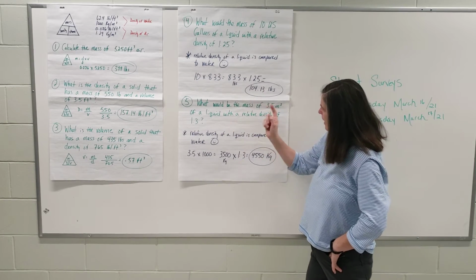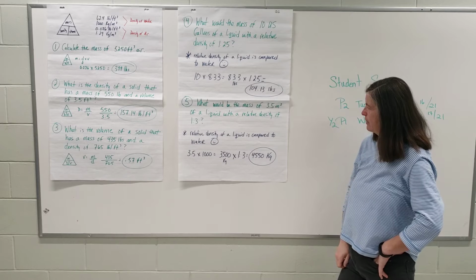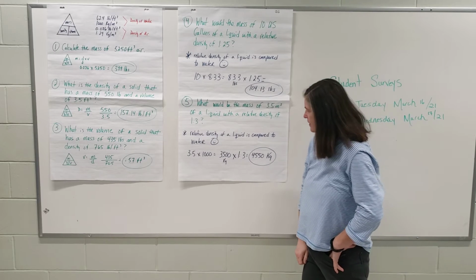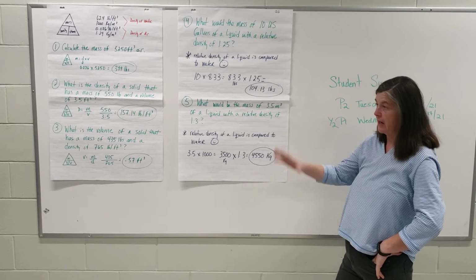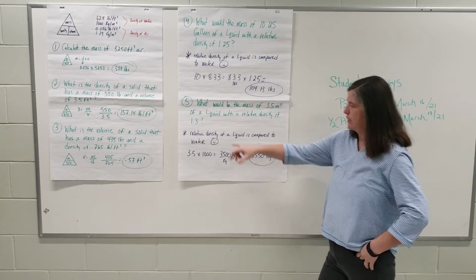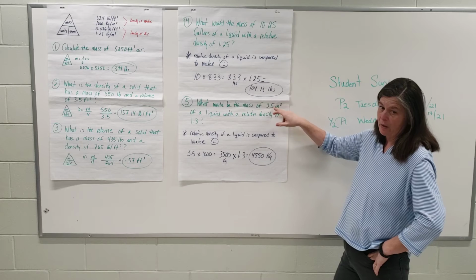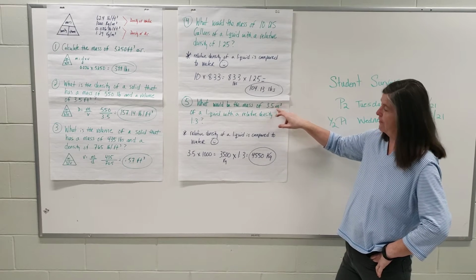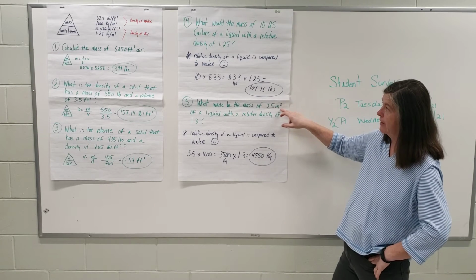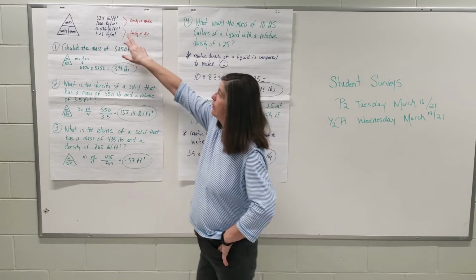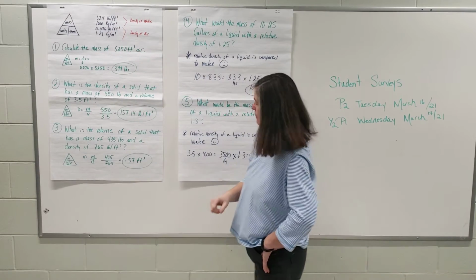This one: what would be the mass of 3.5 cubic meters of a liquid with a relative density of 1.3? Again, whatever this liquid is, it's 1.3 times heavier than water. The first thing is to figure out what 3.5 cubic meters of water would weigh, because we know each cubic meter of water is 1,000 kilograms.